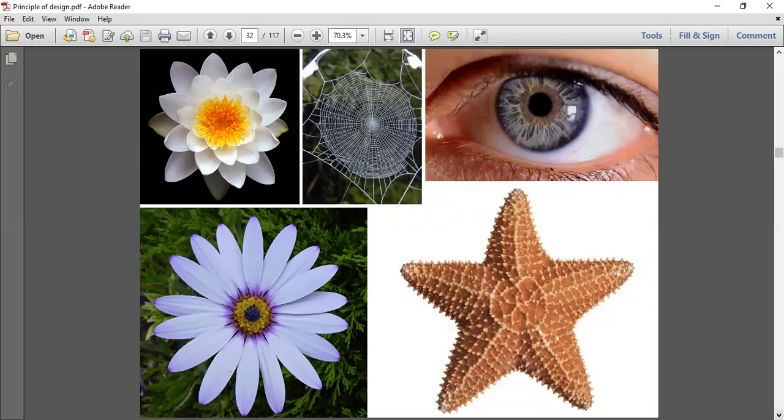These are all examples of how radial balance is created and implemented in our day-to-day life. The understanding from it is simply that there is one central point, and every other similar element or object is revolving around that central point.